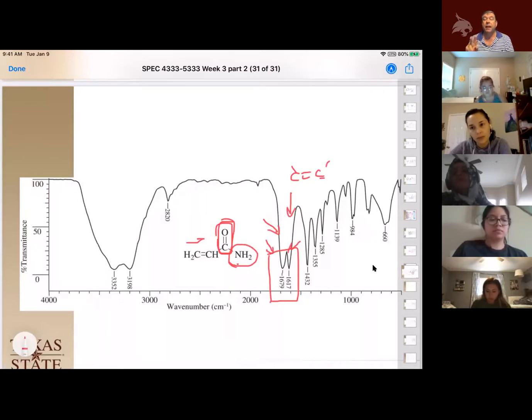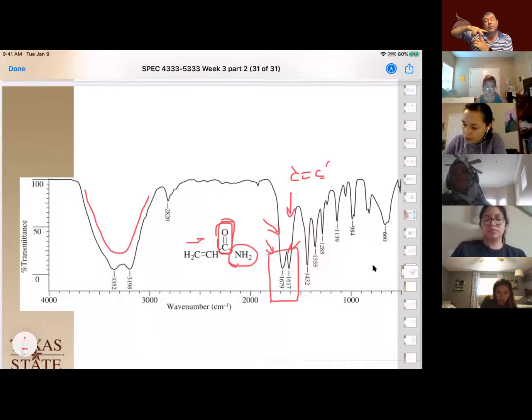Okay. Now, nitrogen can hydrogen bond, and therefore we get the broad peak right here. Okay. The other thing is, because of those hydrogens, the actual electronic configuration around nitrogen is tetrahedral, meaning that those two hydrogens are fixed in space, okay?